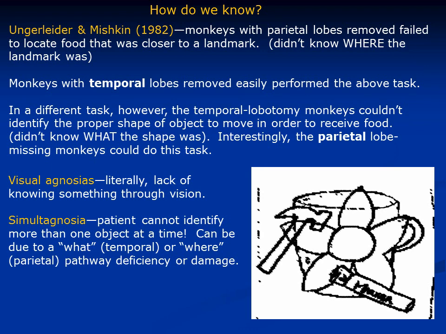The point is they can only see one thing at a time, and isn't that strange to think that we process, of course, multiple items. We understand that when something's covering something up, that doesn't mean that part is just completely gone. It just means it's occluded by another object. Apparently folks with simultagnosia can't really process things that way.